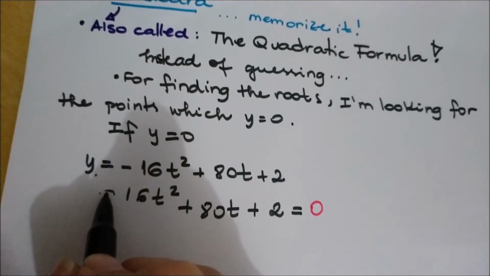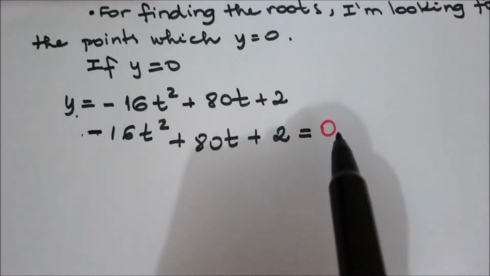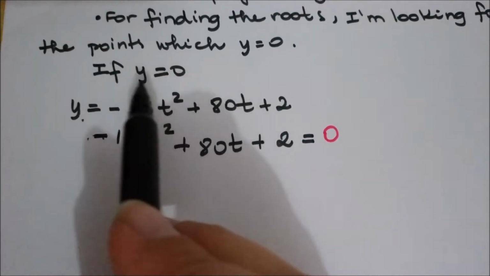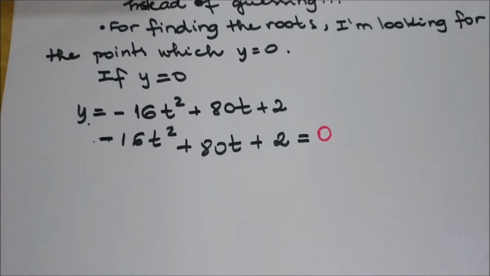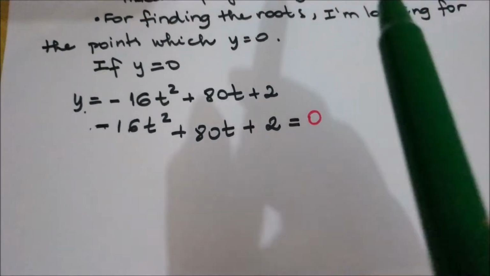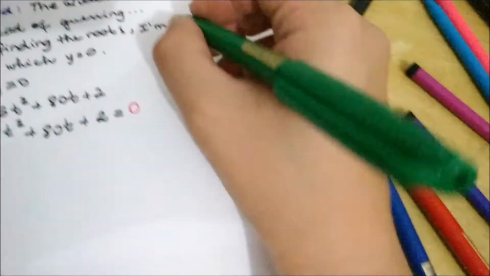Okay, so I just replaced my y by 0, which is what I have to do when I'm looking for the roots. Again, I have to replace my y by 0 when I'm looking for roots. So let's just put a reminder here.